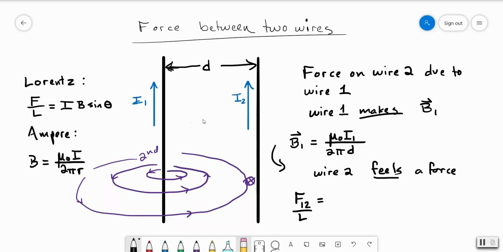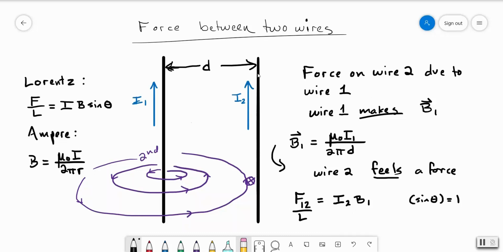The force per unit length of wire 1 on wire 2 should be given as the current in wire 2, because that's the current that is responding to the magnetic field, times the B field from wire 1. Now here, if we have our wires parallel, we can consider sine theta is equal to 1.